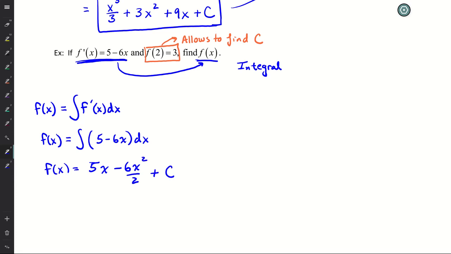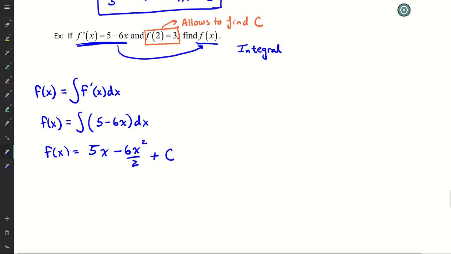All right. Now, the f of 2 equals 3 says that if I evaluate this function specifically at 2, I should get 3 out. So I'm going to change colors so you can see what I'm doing. If I evaluate this function now at 2, that means I'm going to plug in 2.